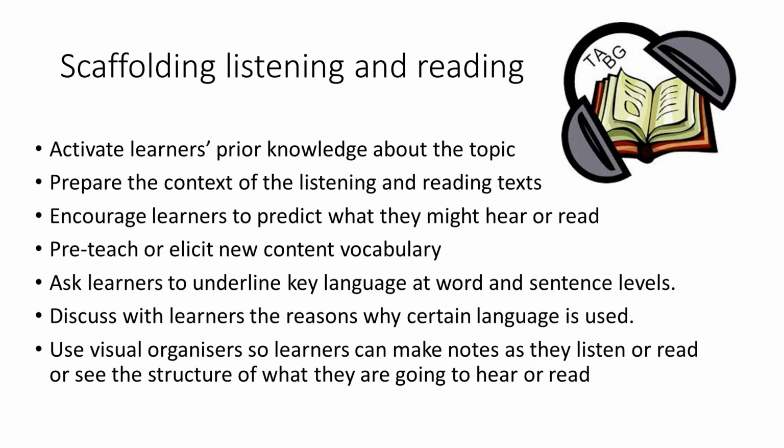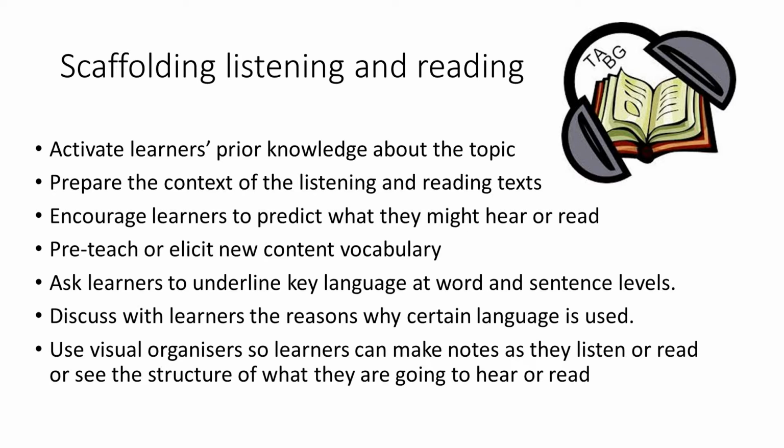Now let's look at some scaffolding of receptive skills. The first way is to activate learners' prior knowledge about the topic. You can do it by telling students to discuss the topic of the lesson. The second way is to prepare the context of the listening and reading text.